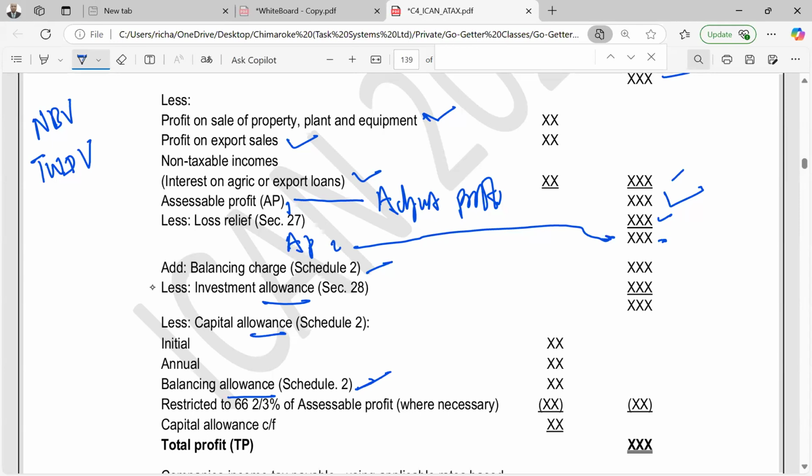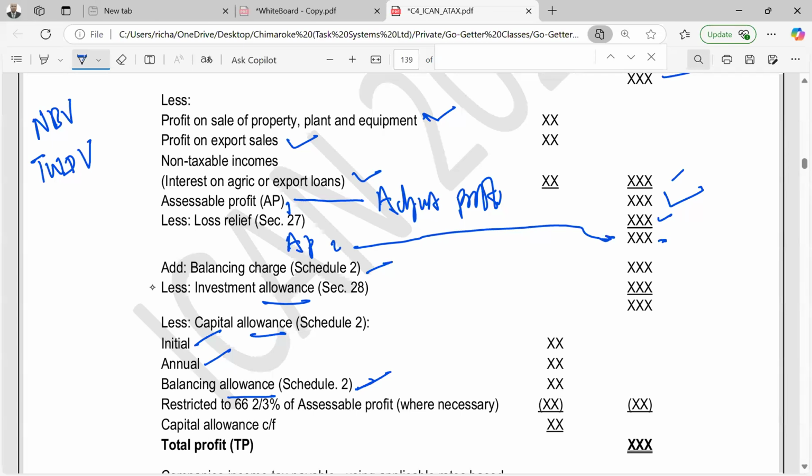Then we have capital allowance, which is divided into two: initial allowance and annual allowance. When we get to capital allowance, we will talk about them. And of course, we have the balancing allowance.